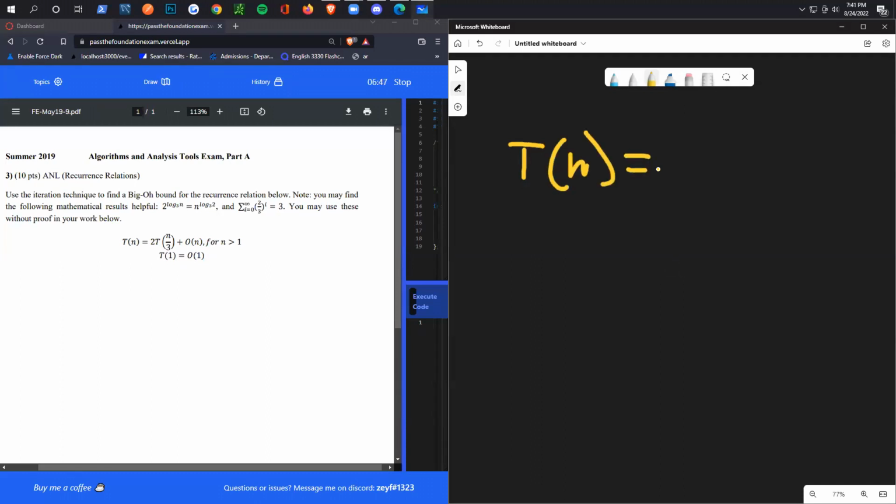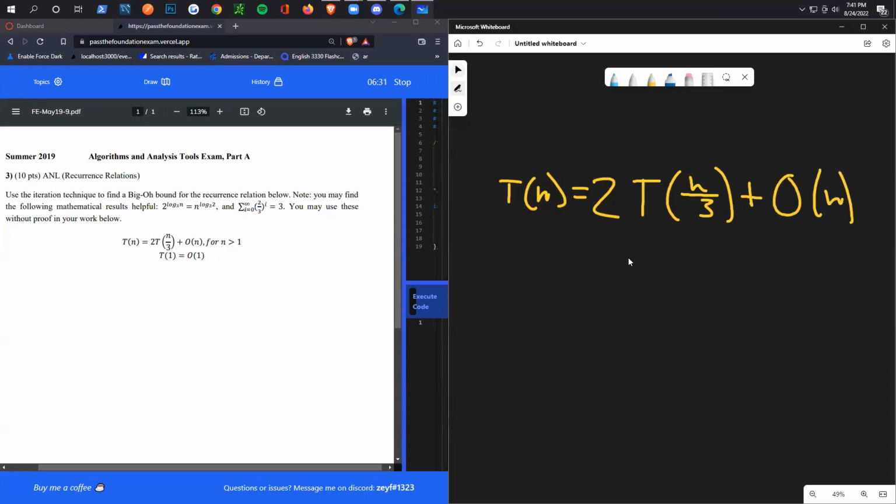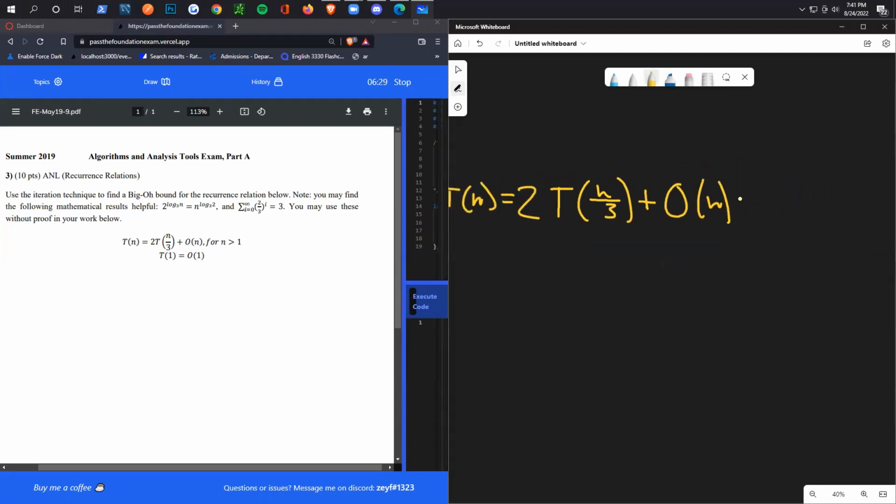Are all the questions like this going to have the equation written out, or can they give us a word problem and then we have to figure it out? There are some where they'll give you code, and it's more like algorithm analysis. They'll give you the code and ask you to prove your answer, and in those you would have to derive it yourself.